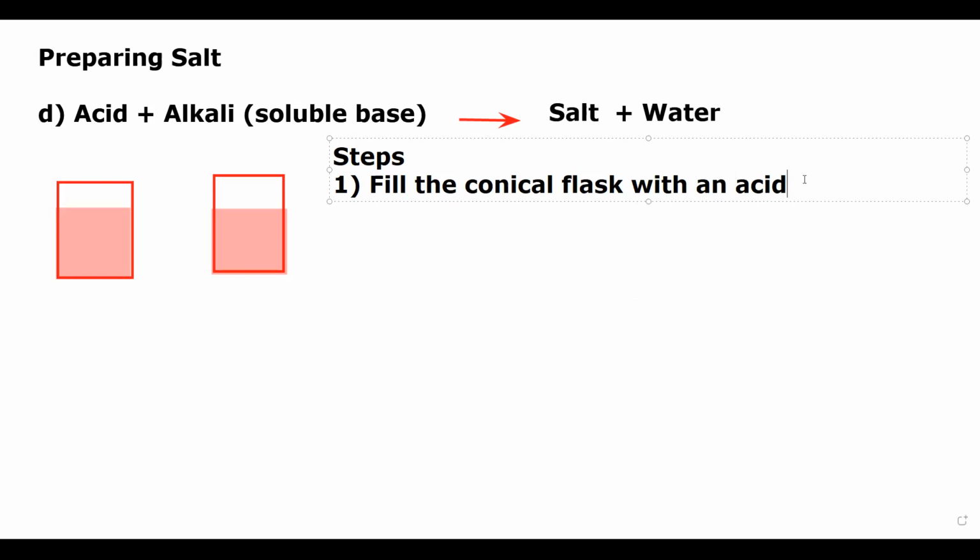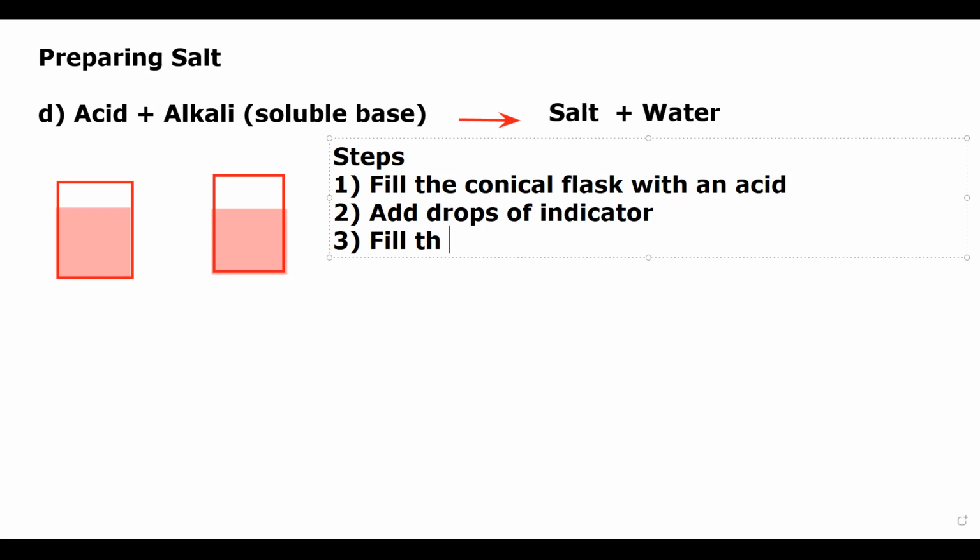Then we will add drops of indicator. Then the third step, after adding drops of indicator, we will fill the burette with alkali. And it can be the other way around.